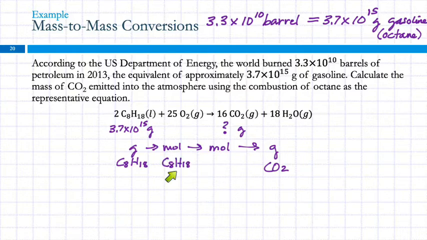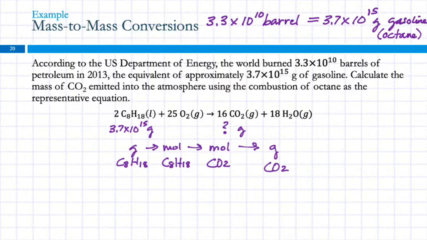And I can convert moles of octane to moles of CO2, because for every 2 moles of octane, I make 16 moles of CO2. And I can convert moles of CO2 to grams of CO2 using the molar mass. Okay, so there's my path.